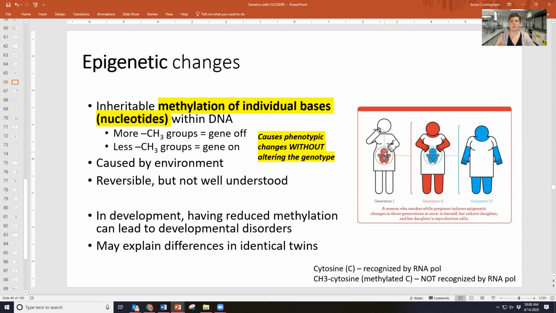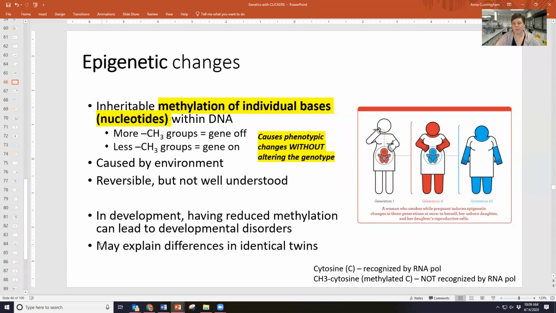And those, as opposed to genetic changes, which might occur in her baby, your mother, those epigenetic changes can happen in your mother, but they can also happen in the nucleotides of, let's say, your oocytes, your eggs. And that's why your cells can result in you having those mutations, but not your mother. So we can see that obesity kind of happening over time. So that's just one example.